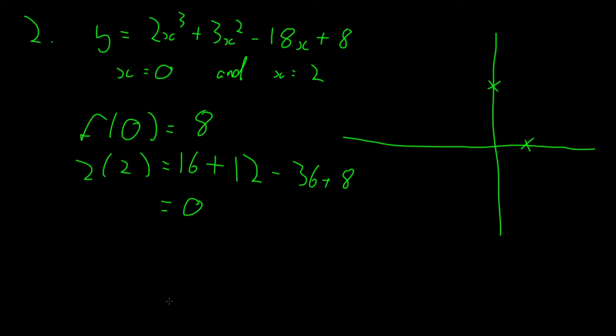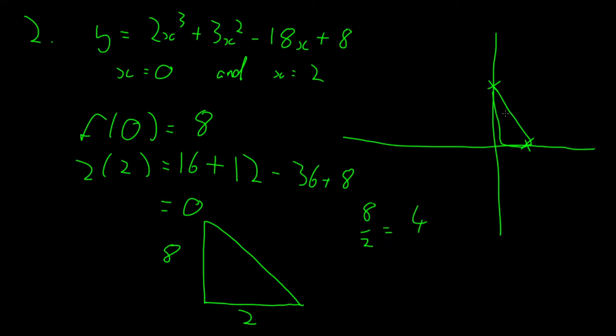So then what we can do with this information is draw a little bit of a triangle, and that triangle would be placed here. And this length is 8, this length is 2. We use the rise over run formula, and we get 8 over 2 equals 4. But as we can see, it is going down, so it's minus 8 on 2.